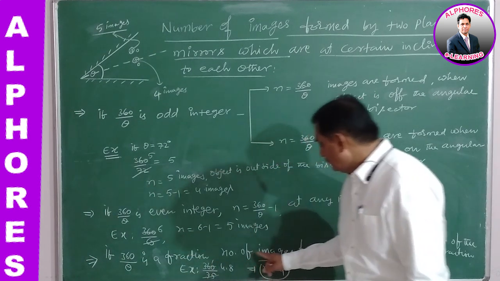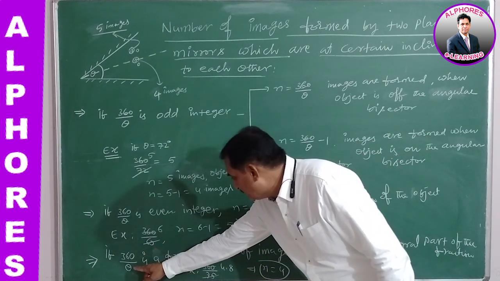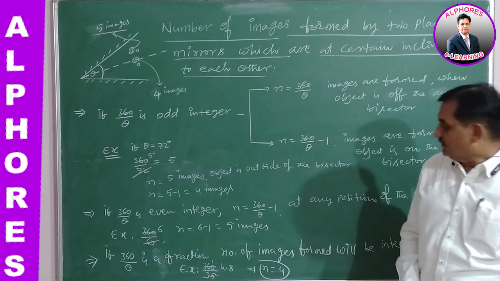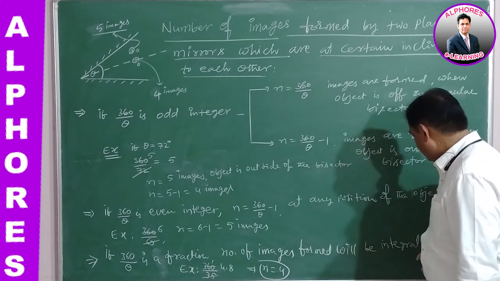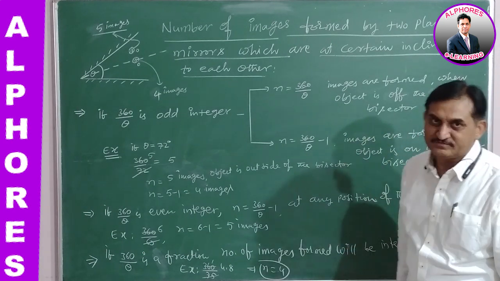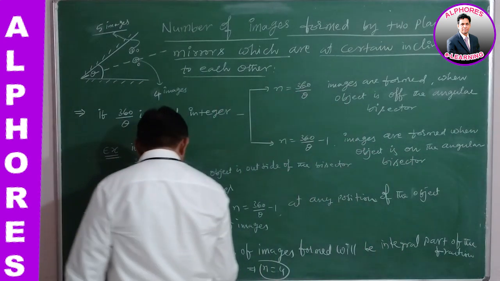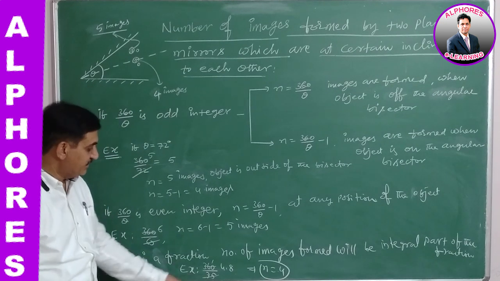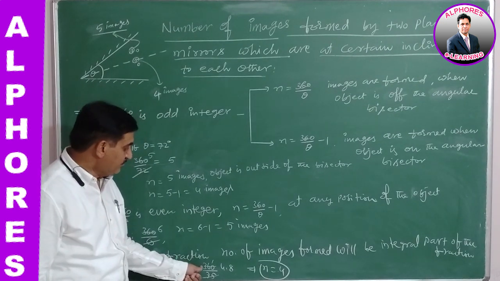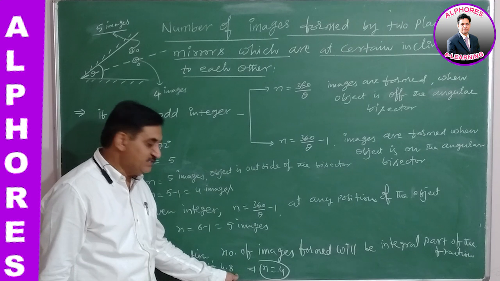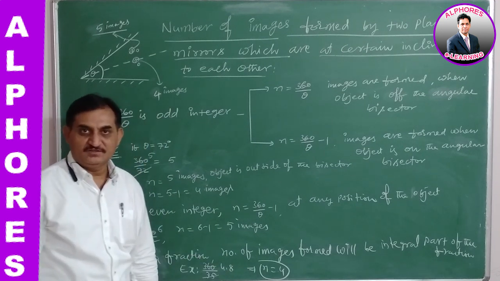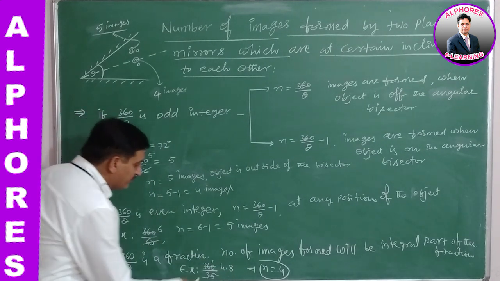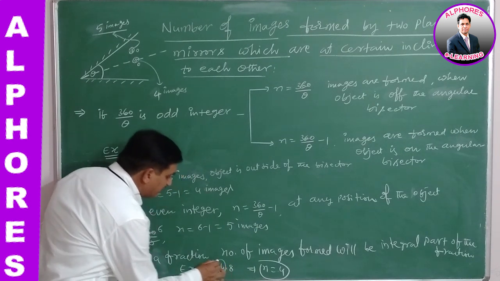Here, if 360 by theta is a fraction, the number of images formed will be the integral part of the fraction. For example, 360 by 75. If theta is 75 degrees, then you will get 4.8. It is a fraction. The number of images formed will be the integral part of the fraction.